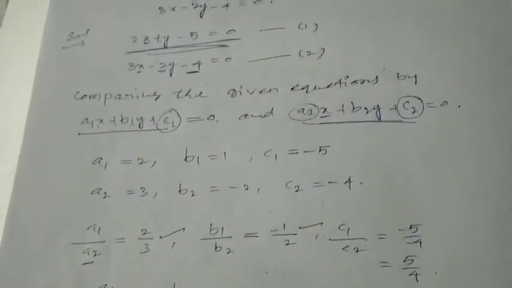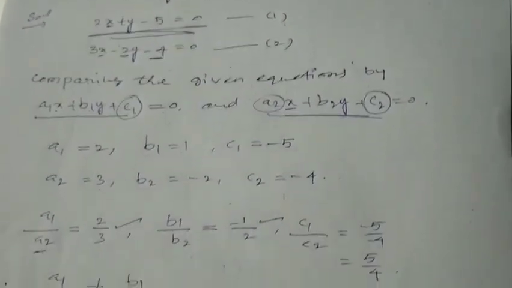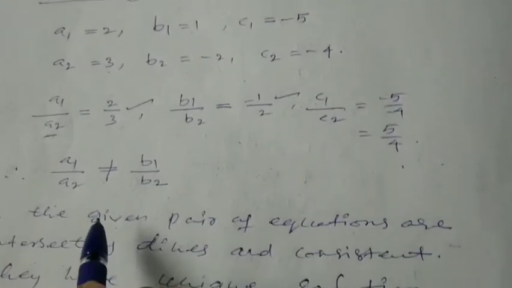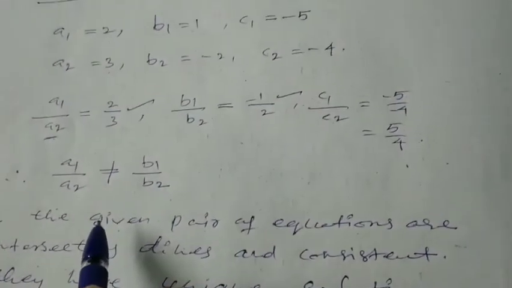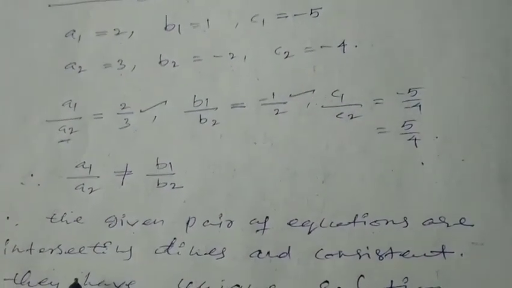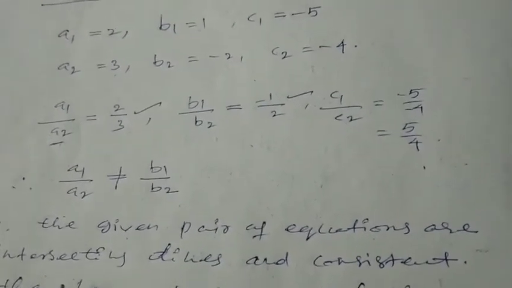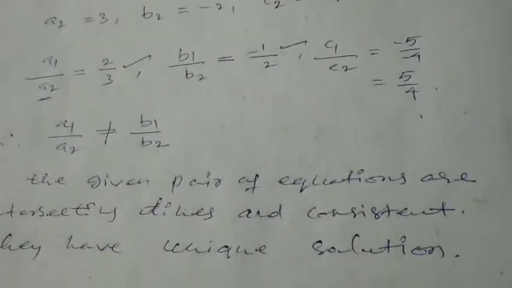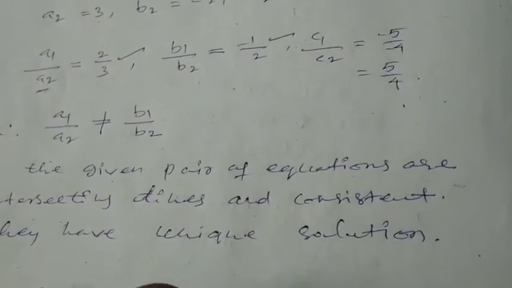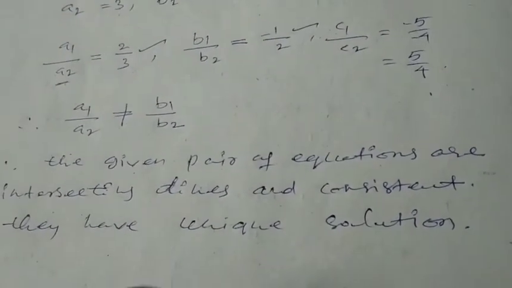Now this theory part is completed. Up to here we understood the nature of the graph. Which type of graph will come? Intersecting lines will come, and it will have only one solution, and they are consistent.